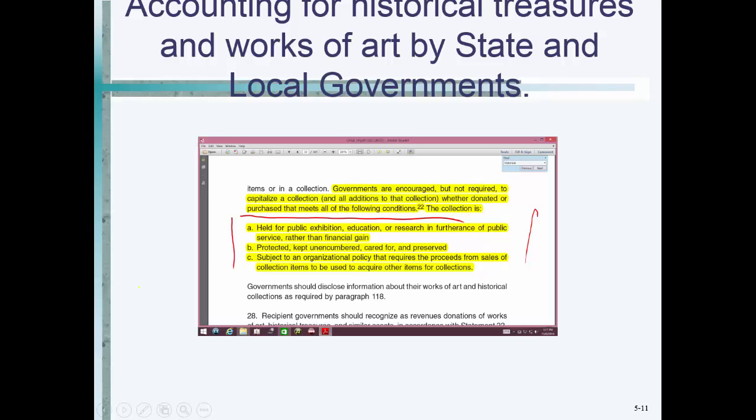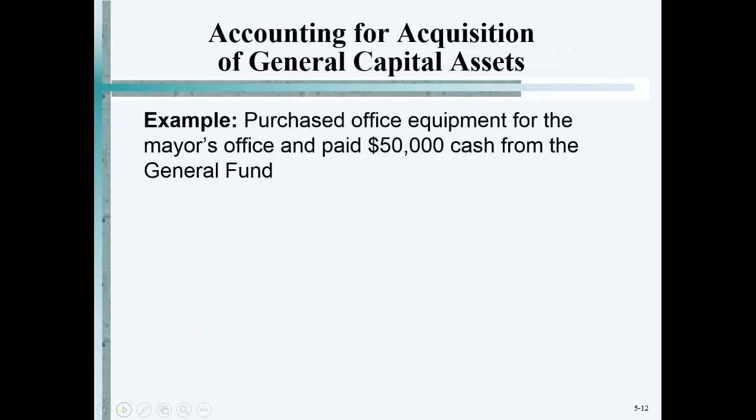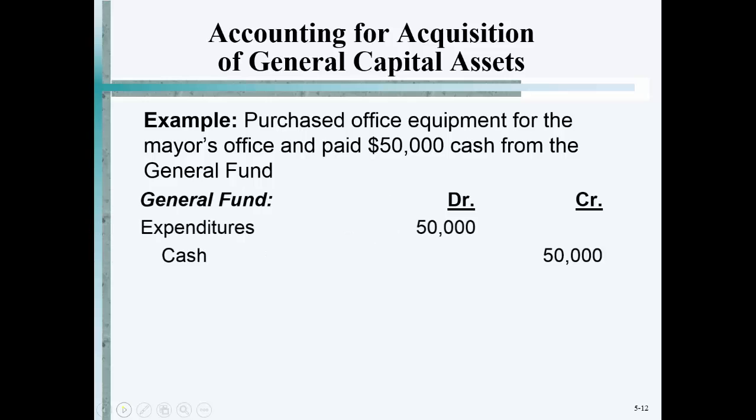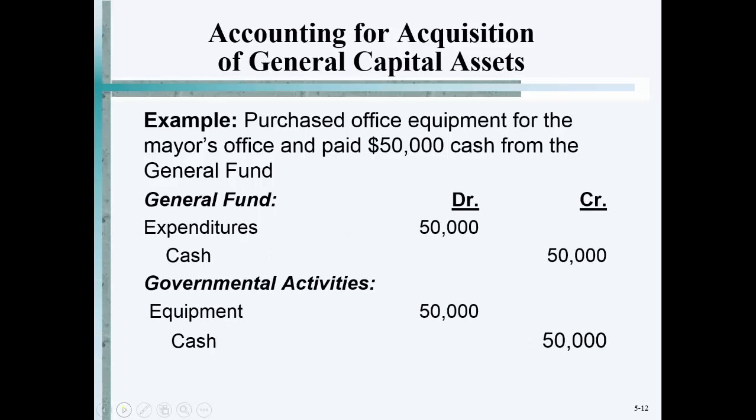Okay, now you come over and you take a look at what happens when we purchase equipment. And you can see, guys, that if we're at the government-wide level, what type of accounting are we using? Good, full accrual accounting. And if we're using full accrual, just like you did when you were in 201, debit equipment, credit cash, right?